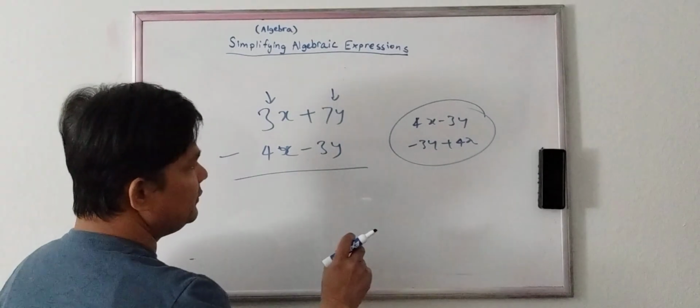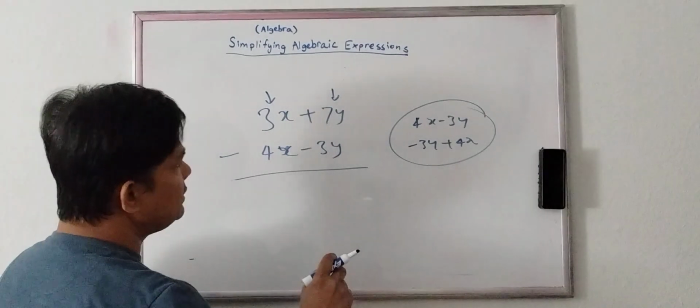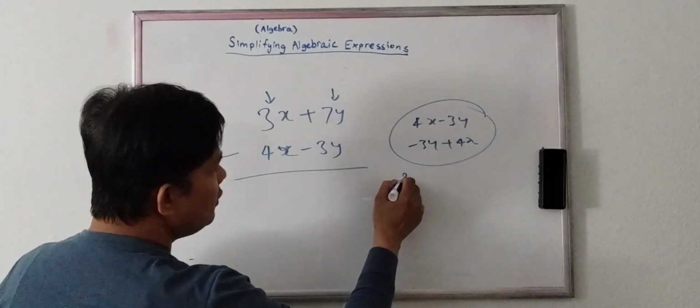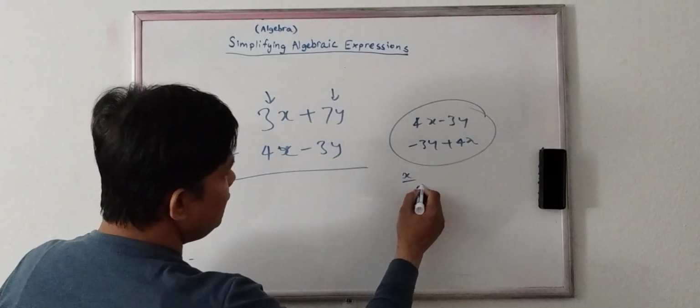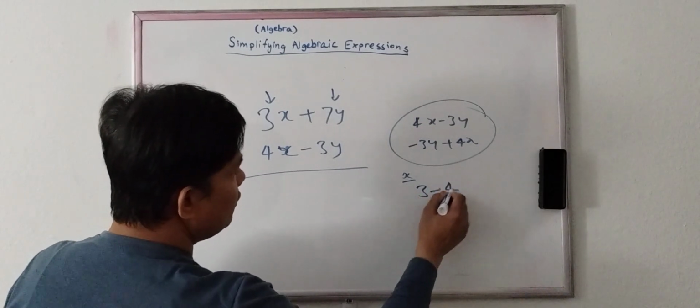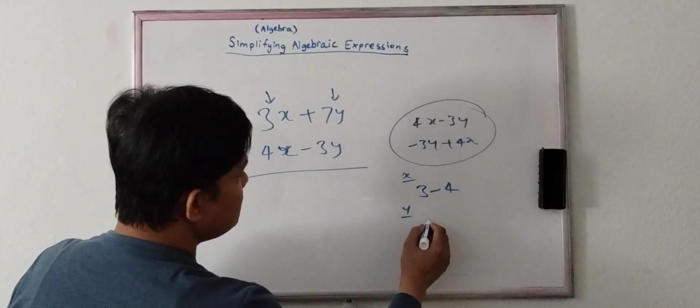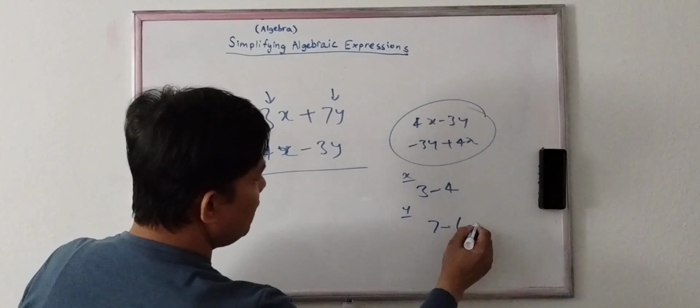As we learned in the previous addition example, what we have to do? For x, what we have? 3 minus 4. And for y, 7 minus 3.